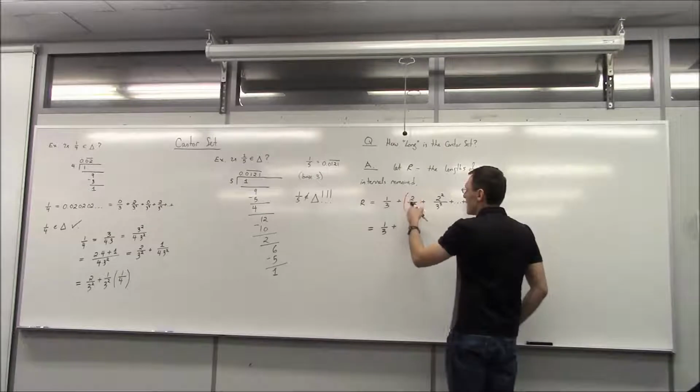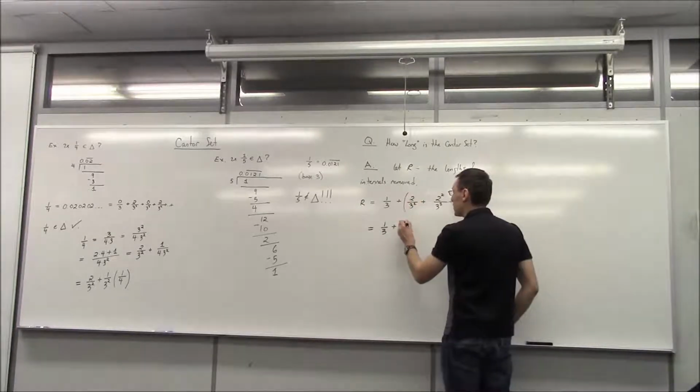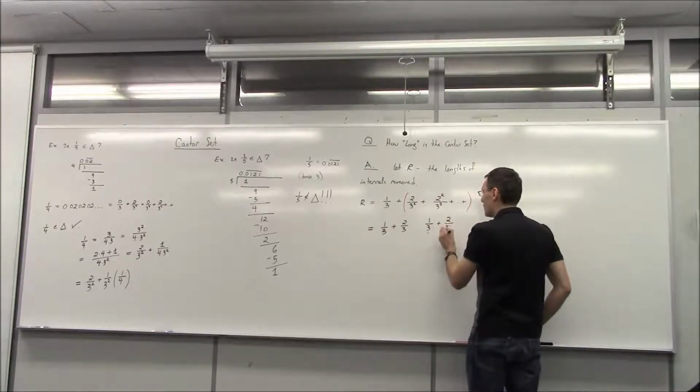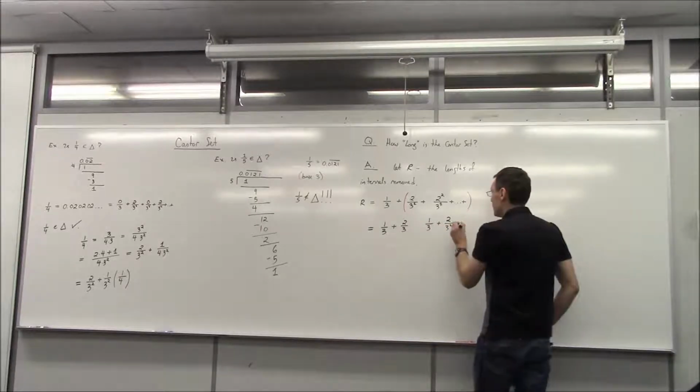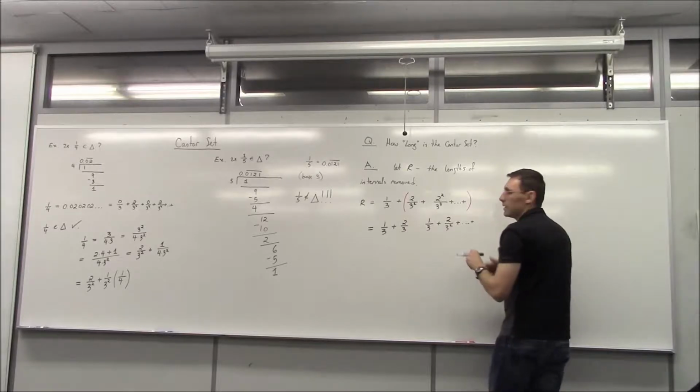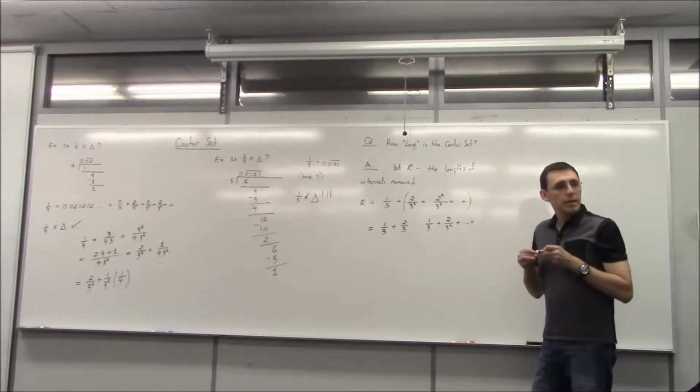You see, this has to begin with 1/3. So I factor out 2/3. And then what's left in here is 1/3 plus 2 over 3 squared plus etc. Right? Because it's infinite. Do you understand the idea?